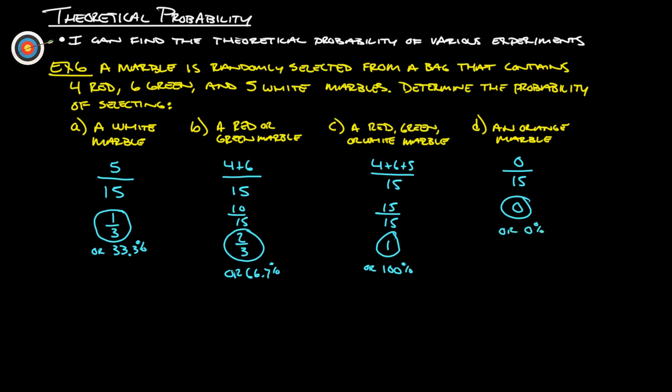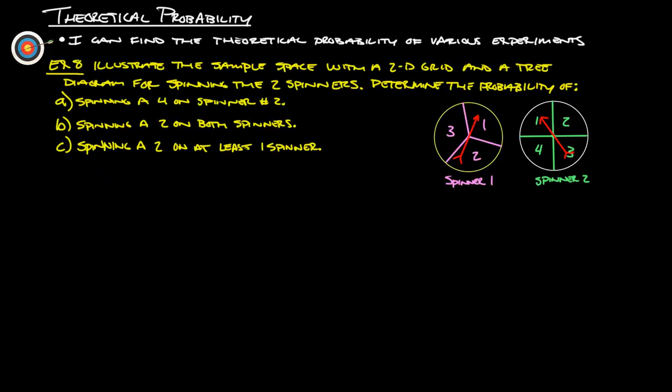All right, let's take a look at another example here. Example 8. Illustrate the sample space with a 2D grid and a tree diagram for spinning the 2 spinners. And then determine the probability of each of the following. This is going to be really helpful because it will help you decide which way is easiest to figure out the probabilities.